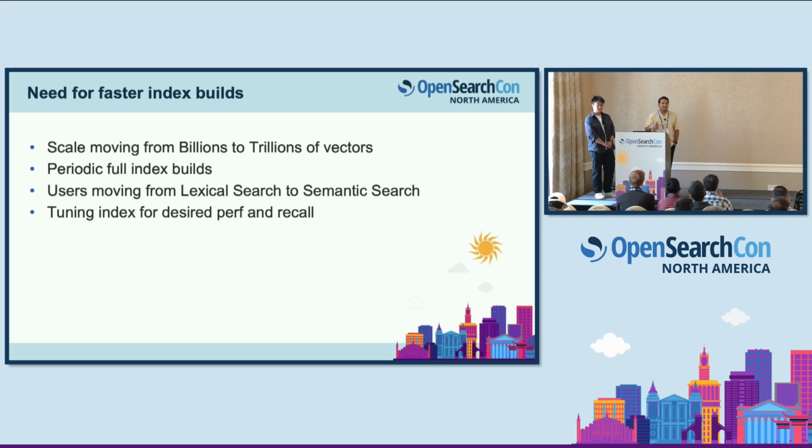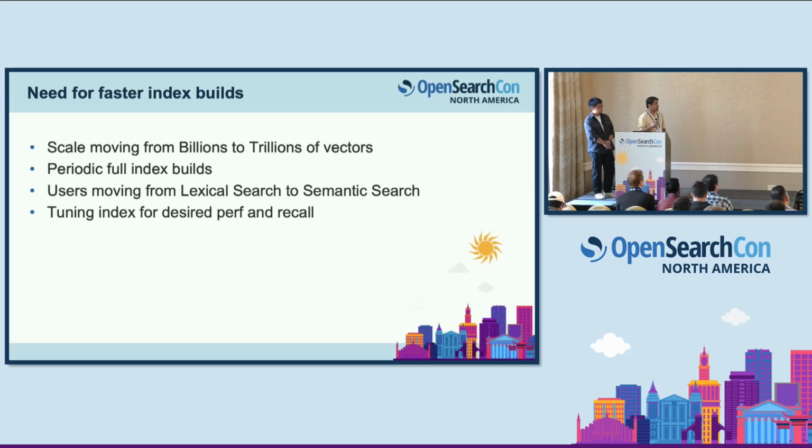Or they went ahead and actually improved their own model. So they want to rebuild that whole index again so that they can get better search quality. And if you have to rebuild your whole index again, and let's say you have billions or trillions of vectors, it's not feasible to just wait for 4 days or 5 days to have a full index built.